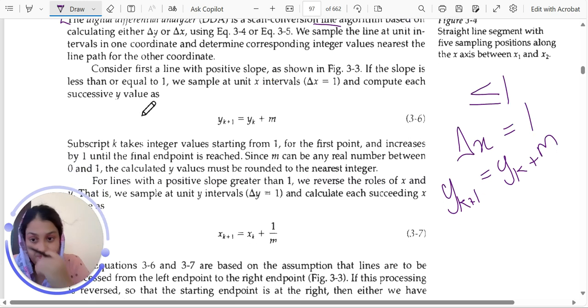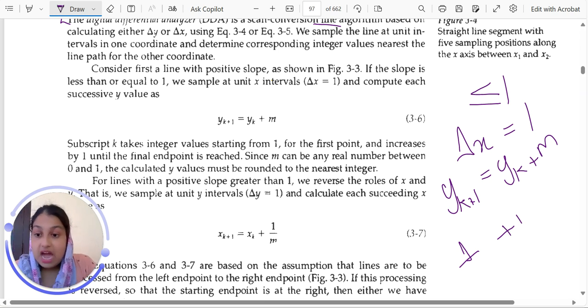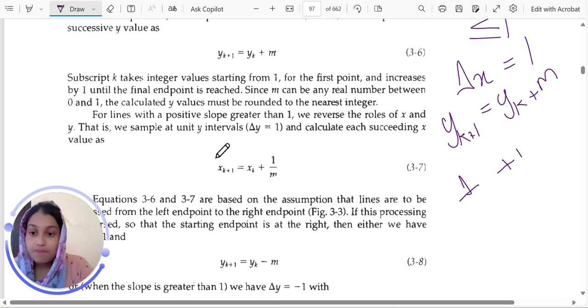The subscript k takes integer values starting from 1 for the first point and increases by 1 until the final endpoint is reached. Since m can be any real number between 0 and 1, the calculated y values must be rounded to the nearest integer.